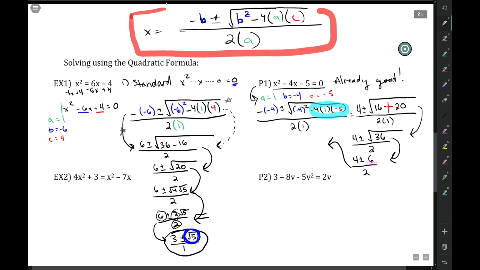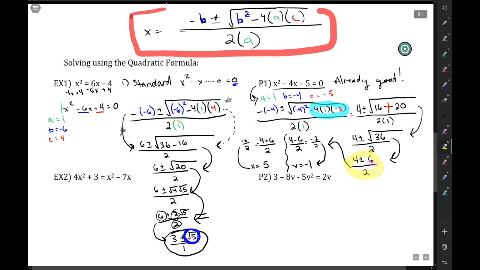Really, this is saying 4 plus 6 over 2 is a solution, and 4 minus 6 over 2. Well, 4 plus 6 is 10, meaning x equals 5. 4 minus 6 is -2, meaning x equals -1. It just gets a little trickier.